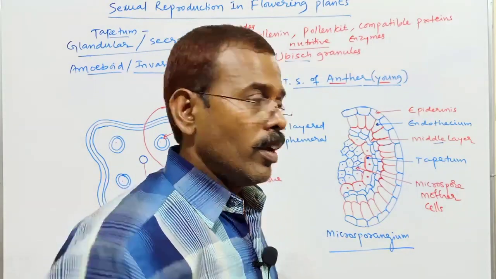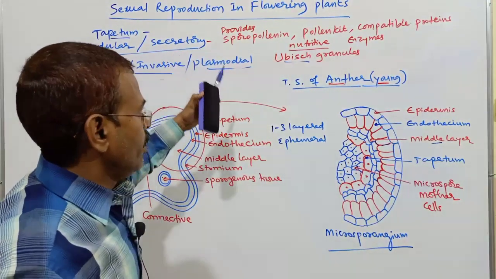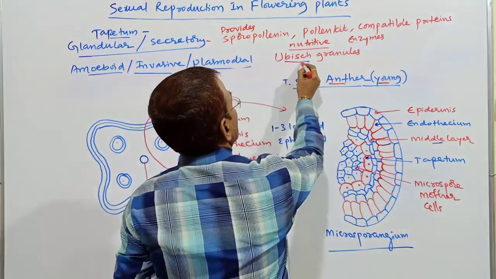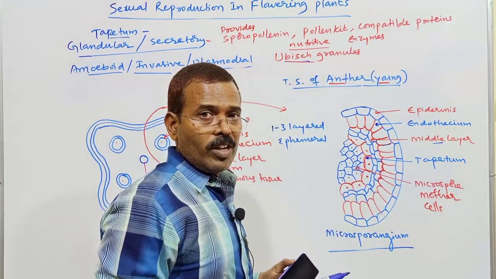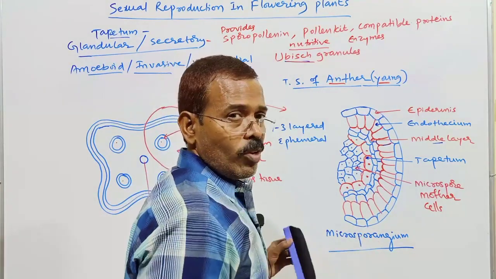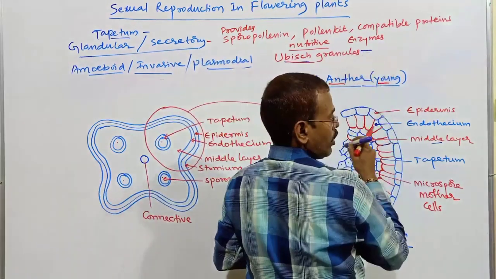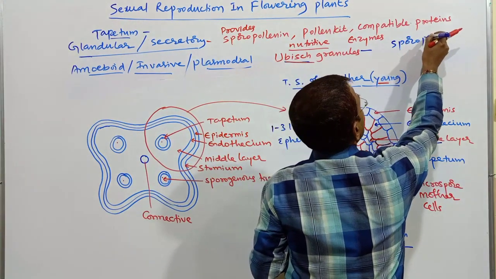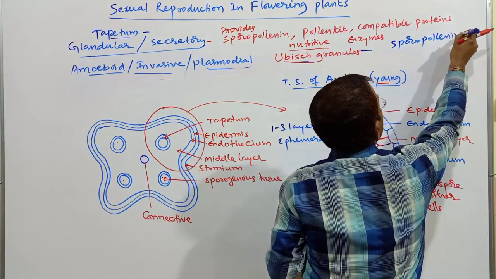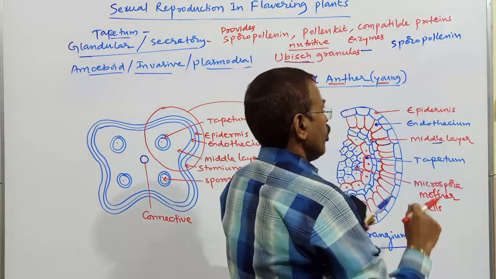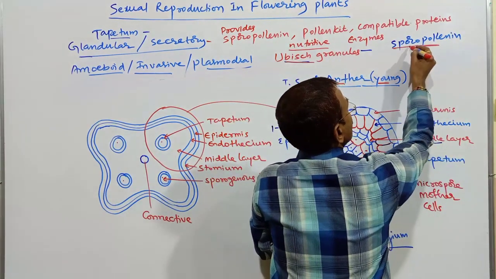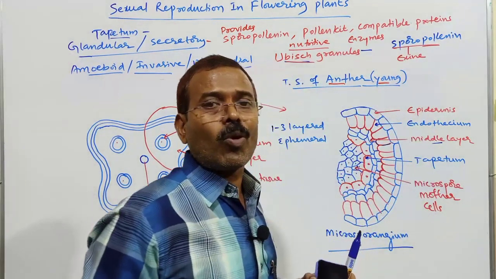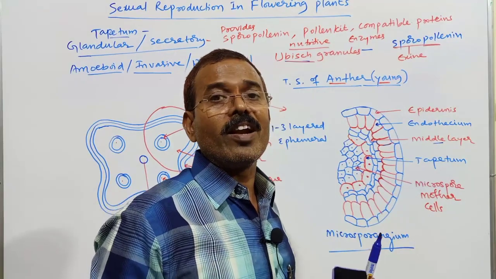So this glandular or secretory tapetum contains Ubisch granules. What is the role of the Ubisch granules? Ubisch granules contain sporopollenin, which helps in the formation of the outer protective covering of the pollen grain, that is the exine layer.